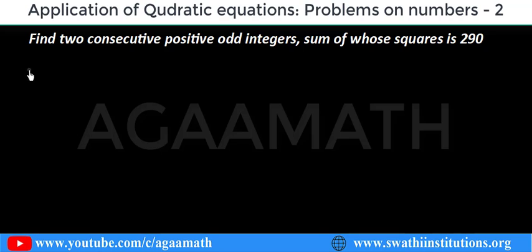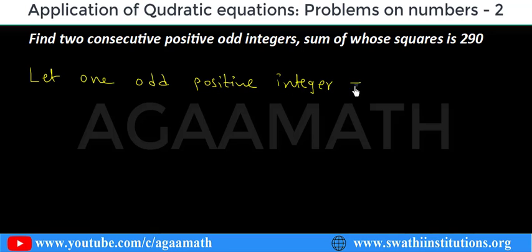Let one odd positive integer equal x. The next consecutive one, we don't take exactly x plus 1, because it is a consecutive positive odd integer.